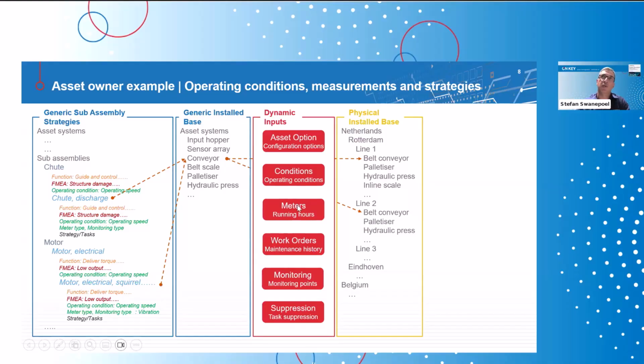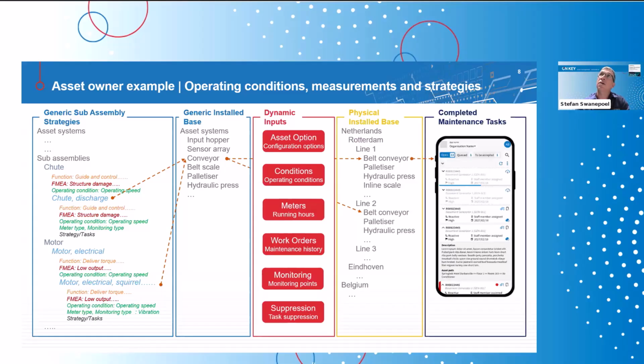Other dynamic inputs would be meter readings, maintenance history in terms of follow-up, monitoring points for condition, and then task suppression, if there are tasks that should not be done because previous tasks have already been executed. And then lastly, and very important, this is all good and well in terms of the actual maintenance strategy and the work orders that you now want to get done.